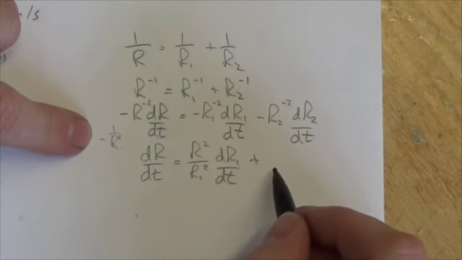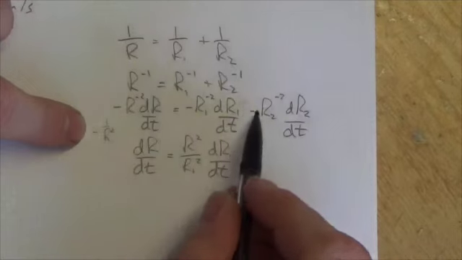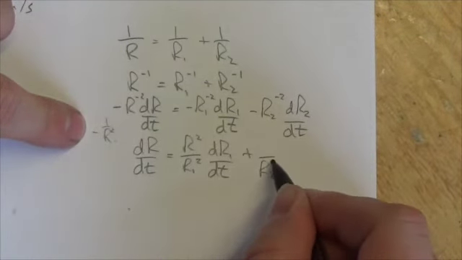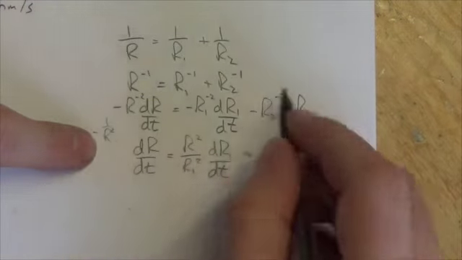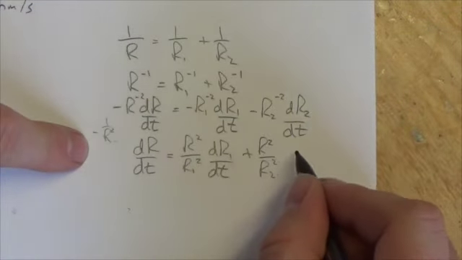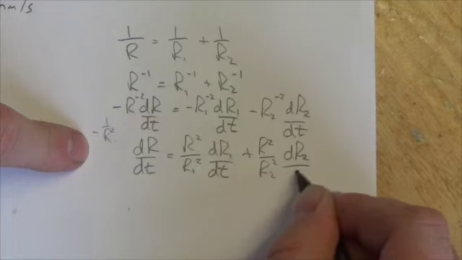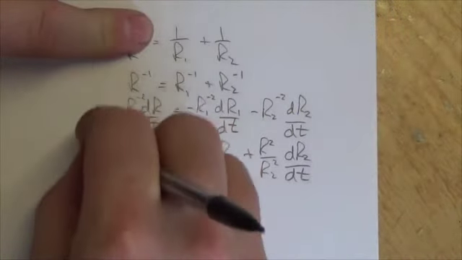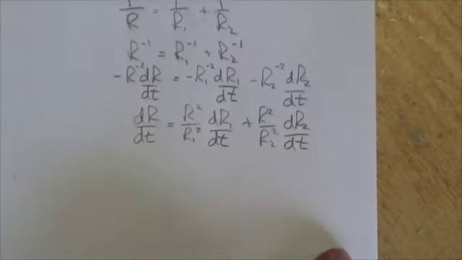Then the exact same thing is going to happen here. That negative is going to cancel with this negative. This is like having R2 squared in the denominator, and I'm going to bring up R squared into the numerator, times dR2 by dt. Okay, good. So now I'm at this point right here.